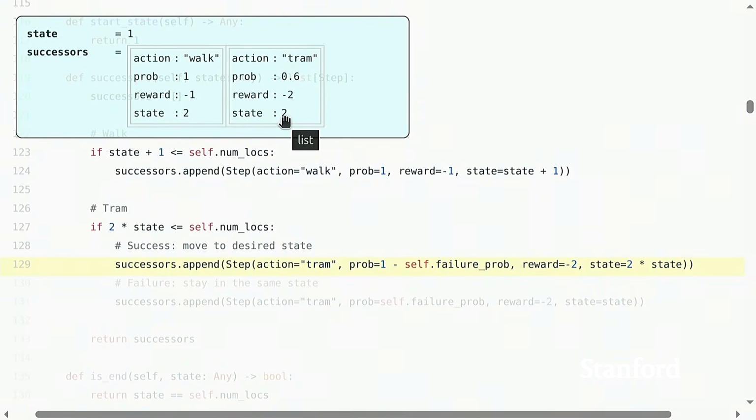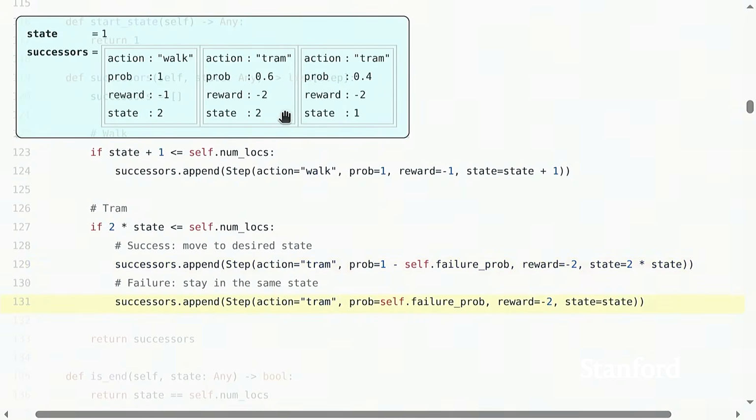Now, what happens if the tram fails? Well, if the tram fails, then I just stay at the same place. Okay? So with probability 0.4, I am still stuck in state 1. Interestingly, note that this is actually a cycle, which may or may not cause you problems, depending on the search case.